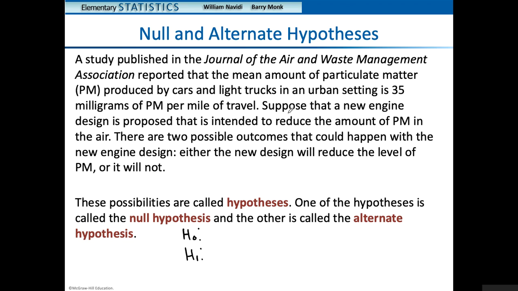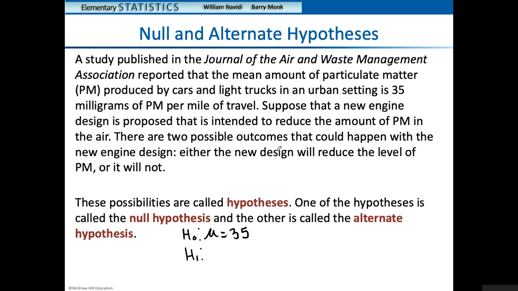Now, a new engine design is proposed that's supposed to reduce that. However, if nothing has changed, that means the mean is still equal to this number, right? So the null hypothesis would be the statement that mu is equal to 35.